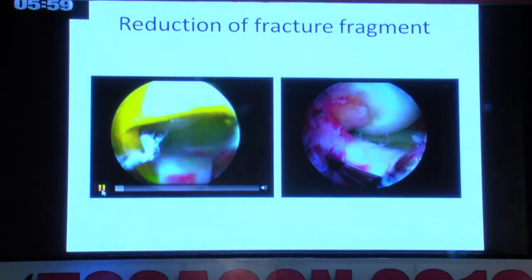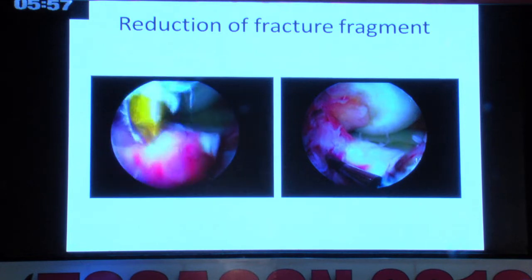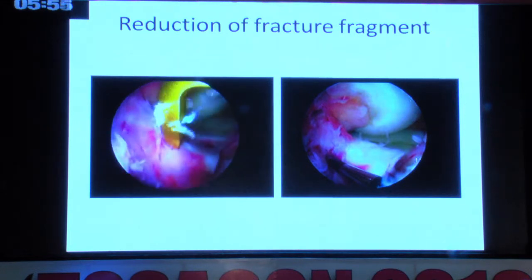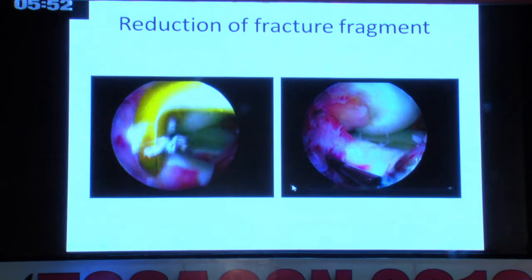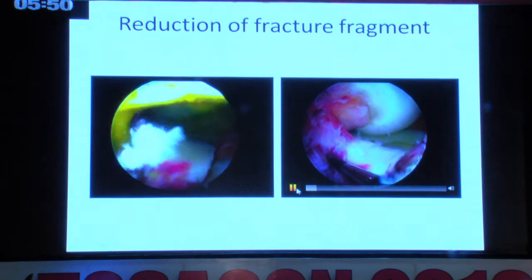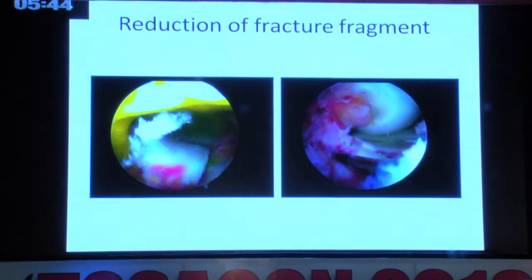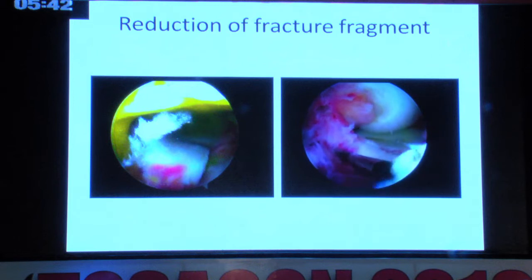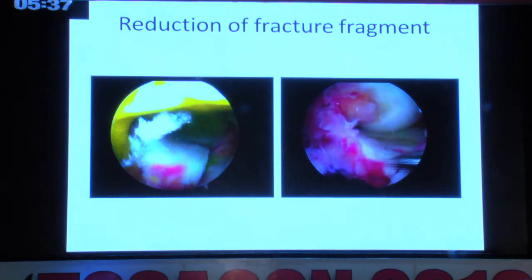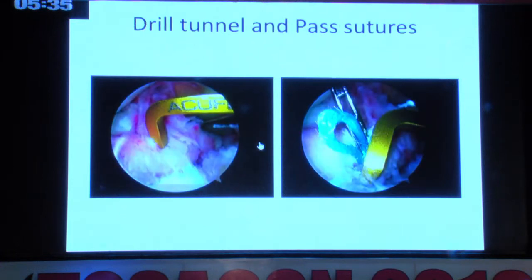ACL jig to reduce. There are two fragments, so I'm trying to reduce it anatomically, and then making a provisional fixation with the K wire. That is a reduction with the probe, trying to reduce and see how the fragment goes and sits onto the native bone.